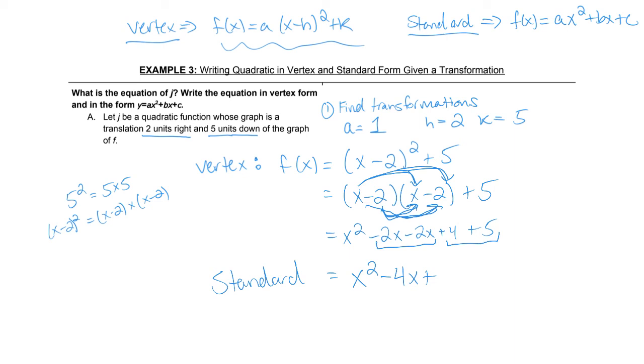Now, I got this wrong. You know why? Because our k is negative 5 because it's down 5. So I'm going to fix all of these real quick. All it's going to do is change our constant, though. Okay, so this should be x minus 5.